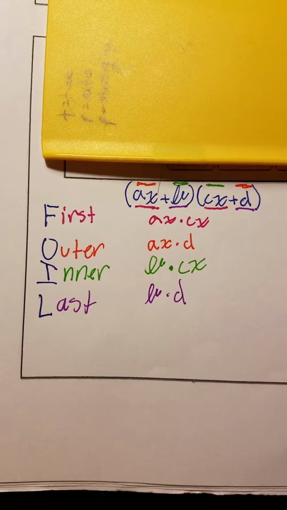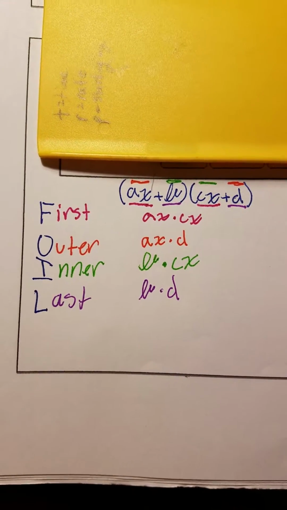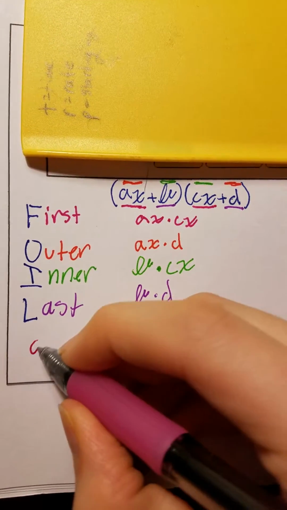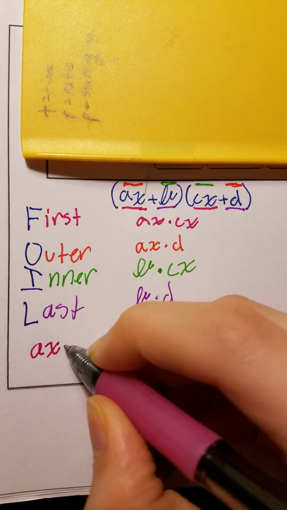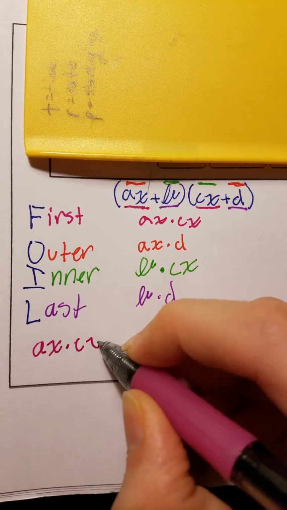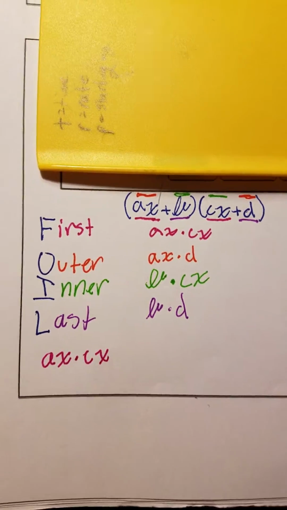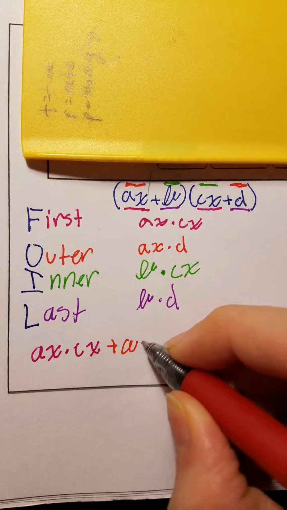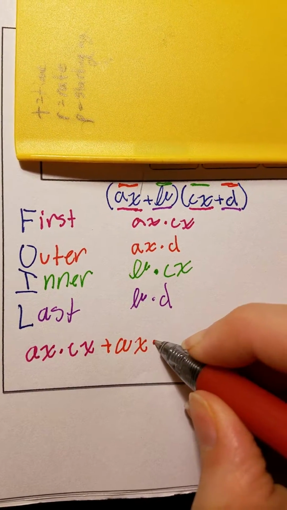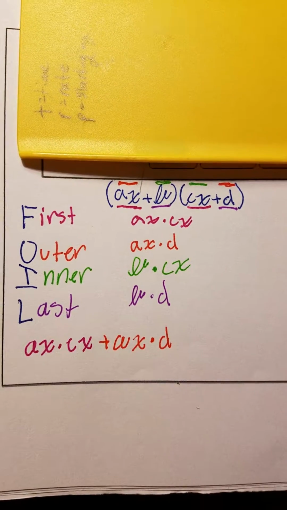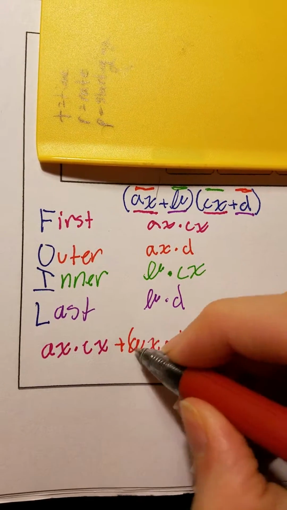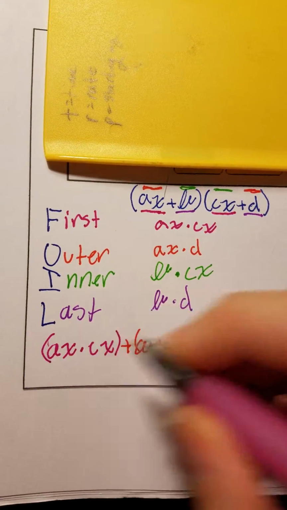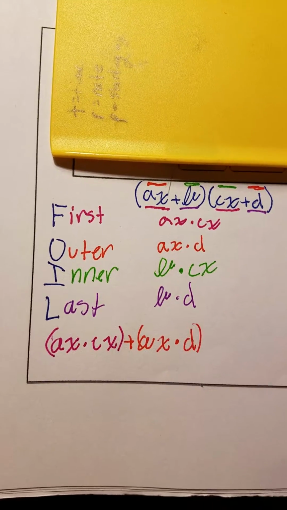So, with the FOIL method, essentially, you end up with your first step, which is AX times CX, plus your second step, which is AX times D. I like to put my parentheses around it because it just makes it easier to separate.